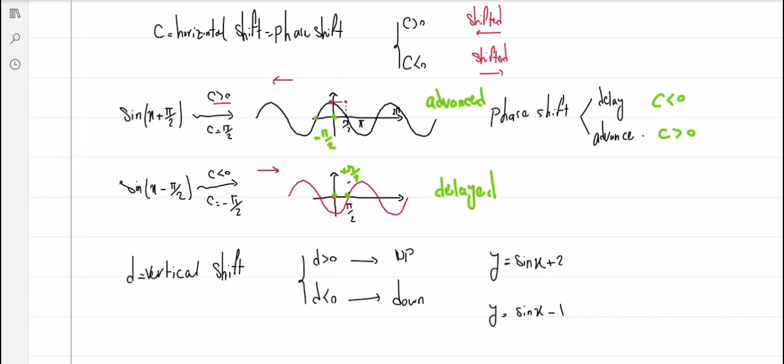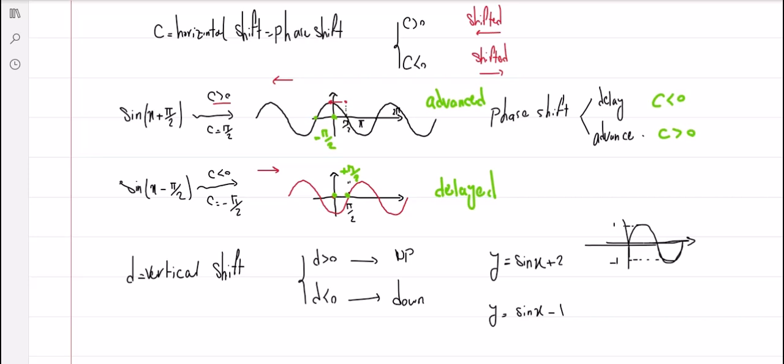For the first one, we are first gonna draw the sine of x as always, which would be looking like this, which this one is 1 and this one is minus 1, and the center line is at the x-axis.